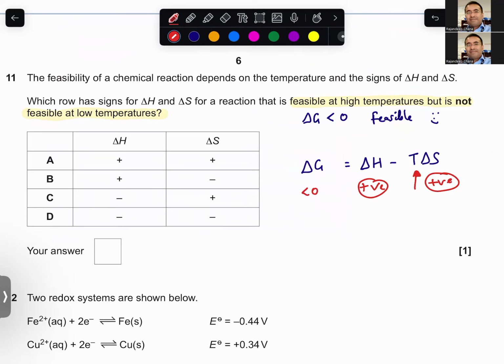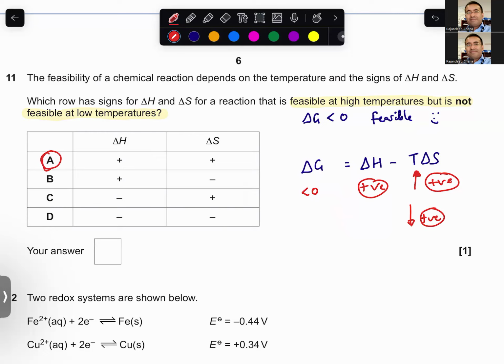So actually, what is feasible at high temperatures, but not at low temperatures? Yeah, if we got a low temperature and you're multiplying a positive value, that means when you do delta H minus this lower value, its delta G will be greater than 0. I'm going to go with A.